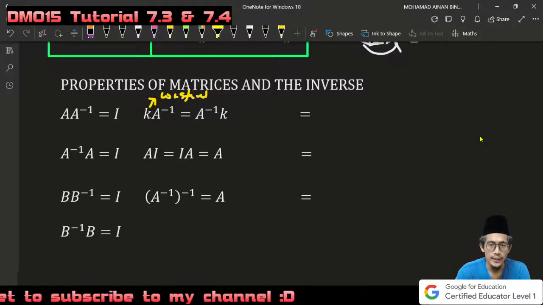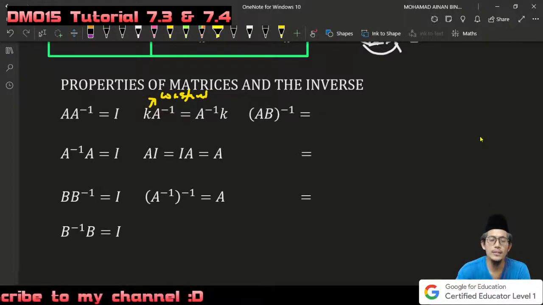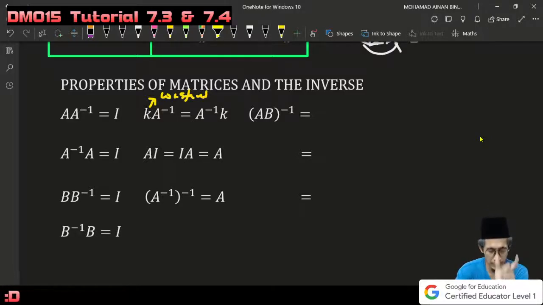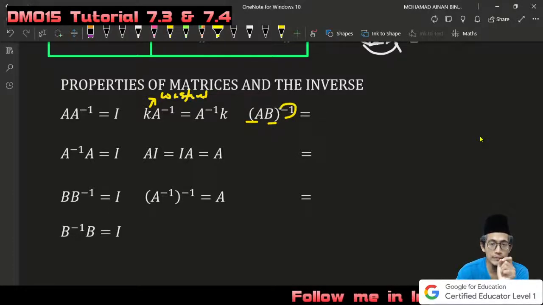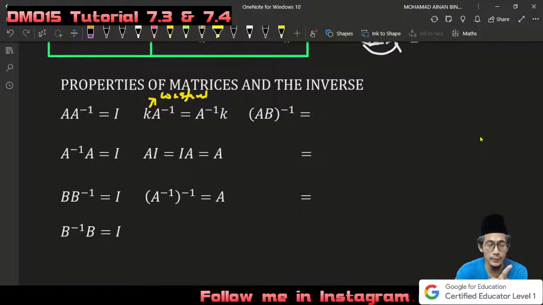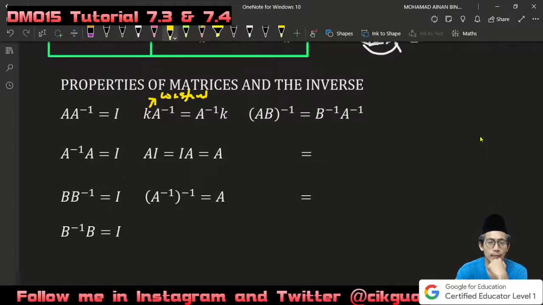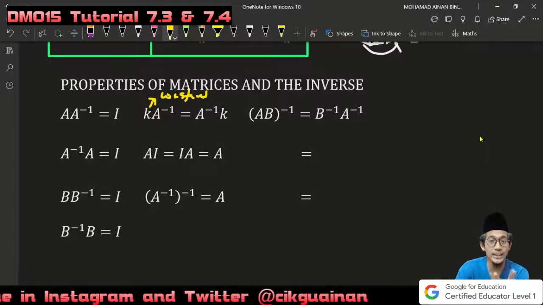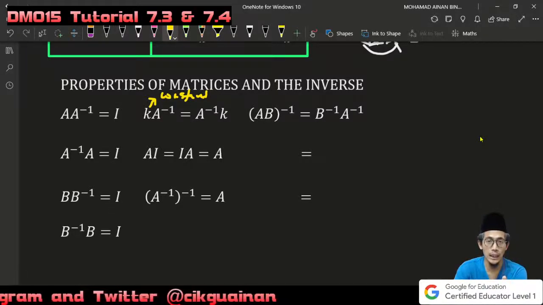Okay. Next. Next is AB inverse. Ini lain sikit sebab AB tu dia multiple. Lepas tu, it's inside a bracket. You see the bracket over here kan? And then ada inverse dekat luar. So, dia sama dengan apa? This one you have to be careful. Dia sama dengan ini. You see the order is reverse. Dia dah terbalik.